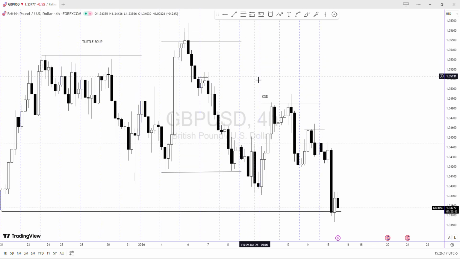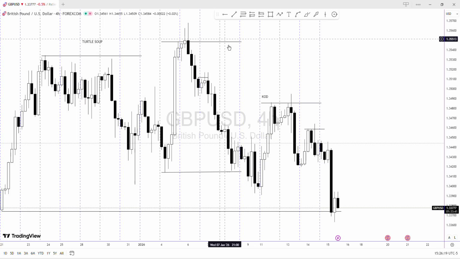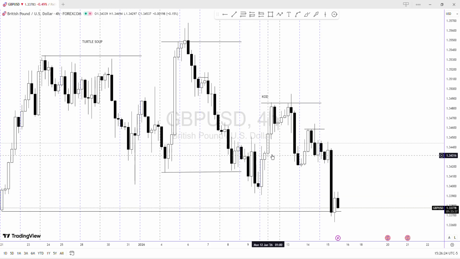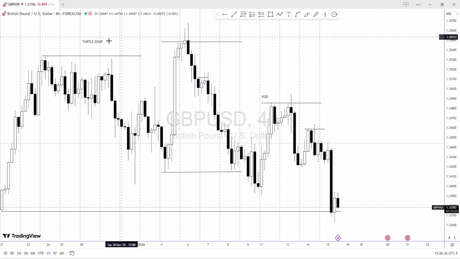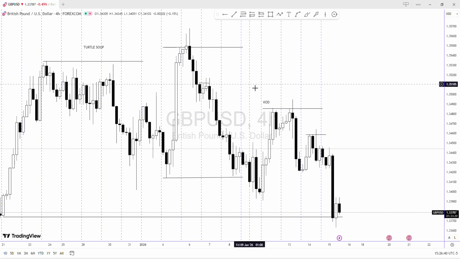Right? And as you know, that day we took out this low and the market retraced, pushed back up. This is a major retracement, and then it plunged down and continued to go down. So it's very important that you note that. All right, so what are we expecting right now?